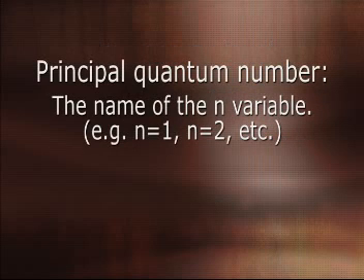The principal quantum number is the number representing the main energy level. Thus, energy shell 1 would be expressed as n equals 1. If you were able to define the terms as they appear here, you are correct. Great job.